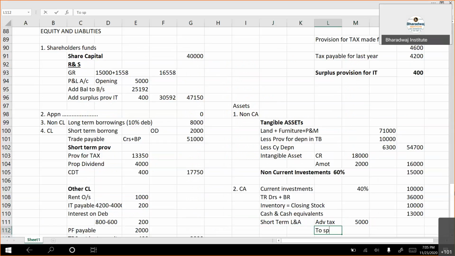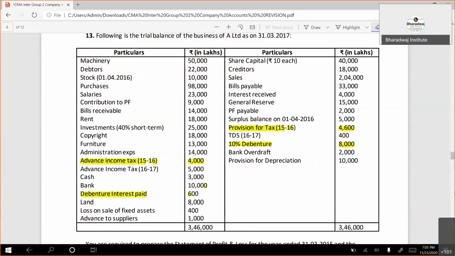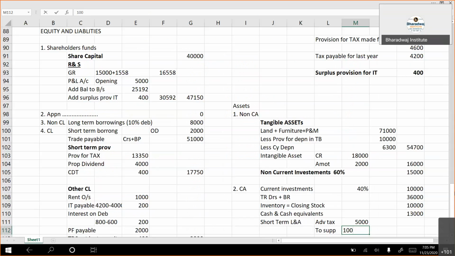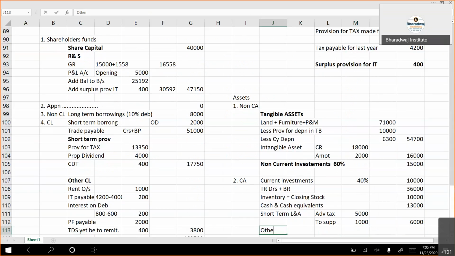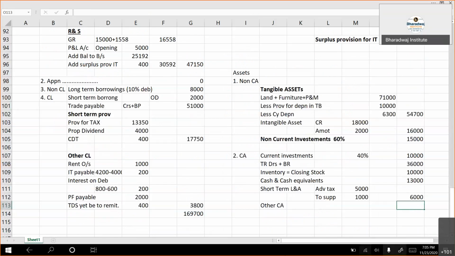Advance to suppliers, how much has been given? 1,000. So totally 6,000. Then other current assets. Any other current asset like prepaid expenses outstanding, prepaid expenses or accrued incomes? No. So add up, you get the total.